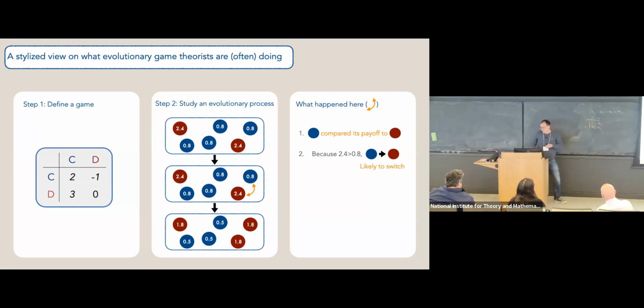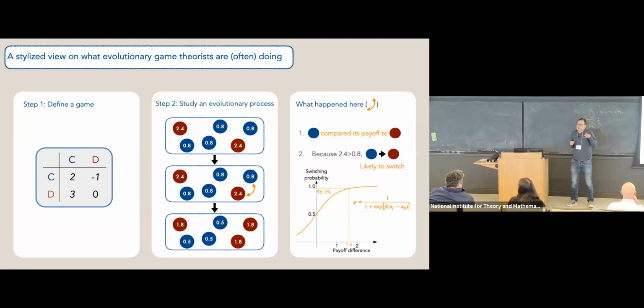How we usually model this is that we assume there is some increasing function, often a Fermi function, that maps payoff differences to probabilities. I look at my payoff, I look at Josh's payoff, and if his payoff is, in this case, 1.6 higher, I switch with a certain probability, which is an increasing function of the payoff difference. In this particular case, I would switch with a probability of 96%.